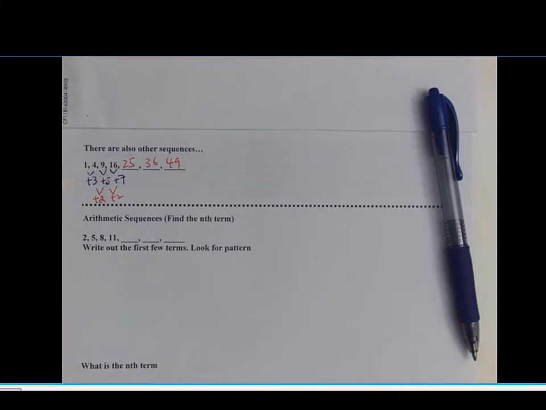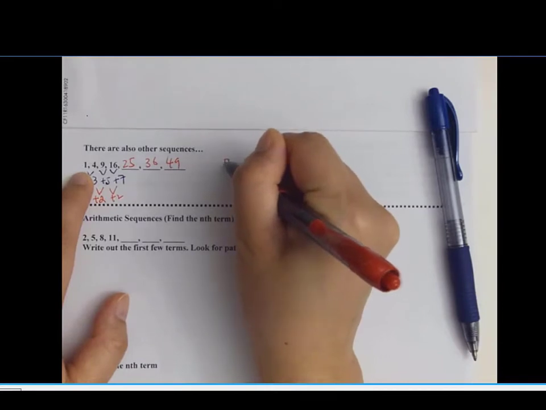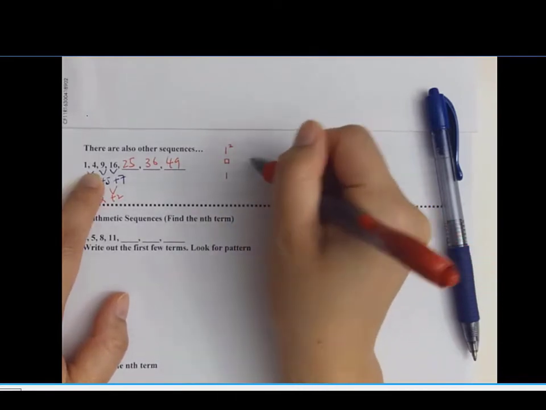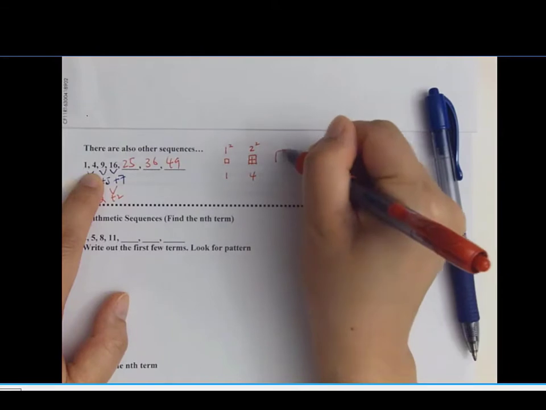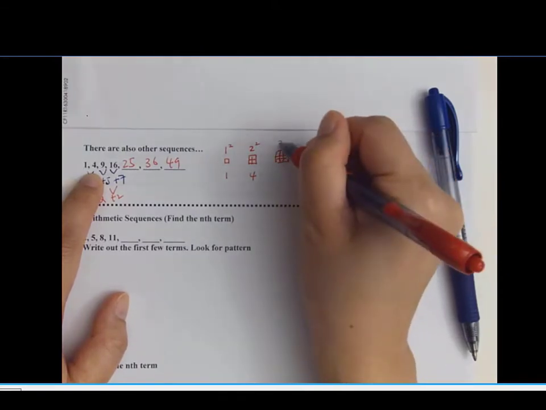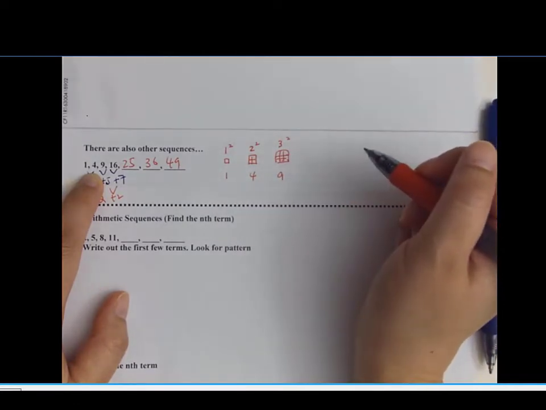So that's some kind of pattern going, and some of you may also notice they are actually special numbers. The first term is 1 by 1, so it's just equal to 1. The second term is 2 by 2, 2 squared equals 4. And then the third one would be 3 by 3, so it's 3 squared, which is 9. Those are our square numbers, right?